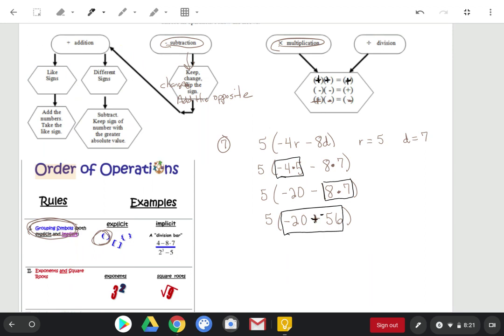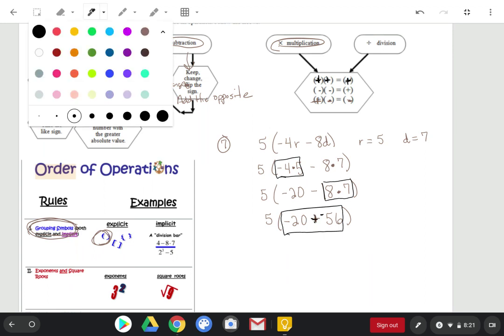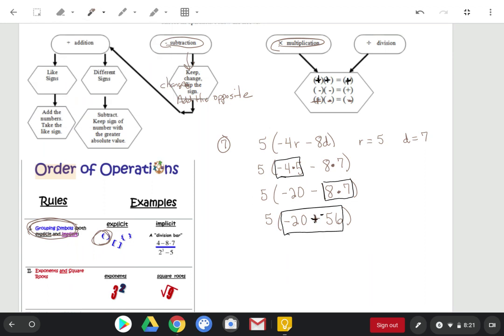So now on the inside of my box, I have negative 20 plus negative 56. So I am going to follow my addition rules, and I am adding a negative and a negative, so they have the same sign. So all I have to do is add those numbers and take that like sign.